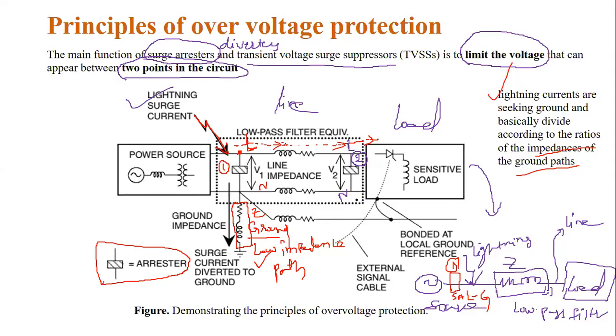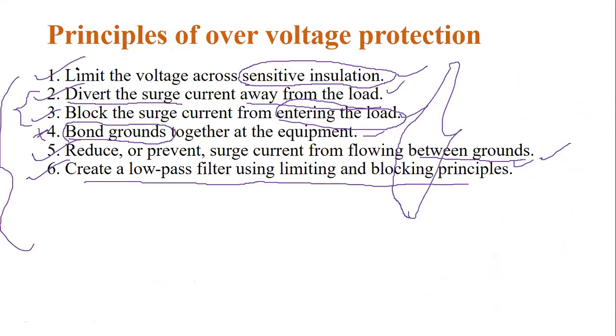Now see this fourth point. We already discussed the limiting, the diverting, as well as the low pass filter that reduces the surge. Then what is this fourth point, this bond that comes together with it?